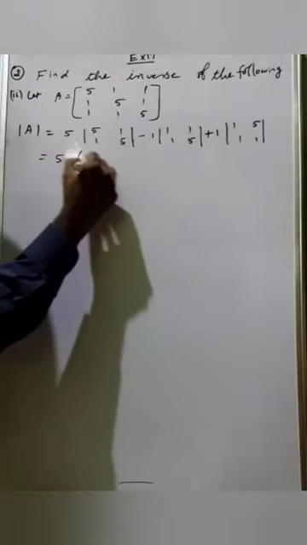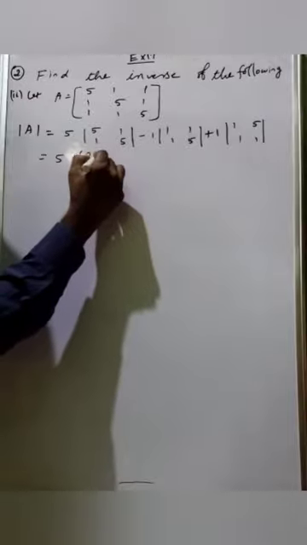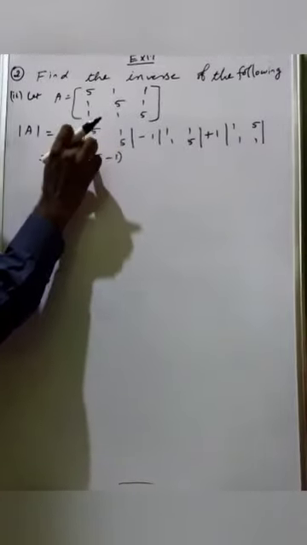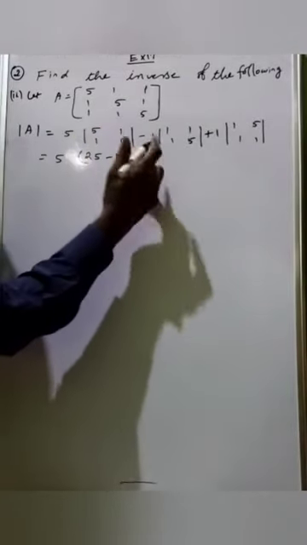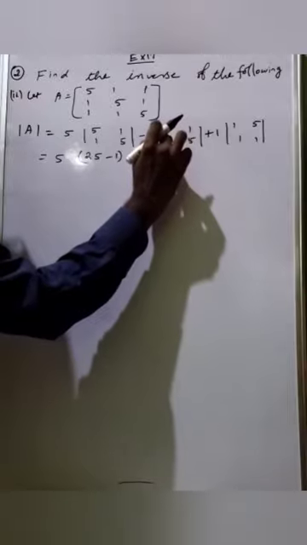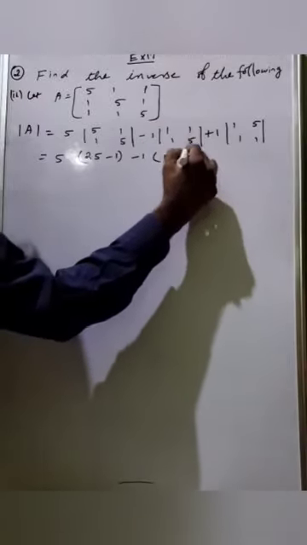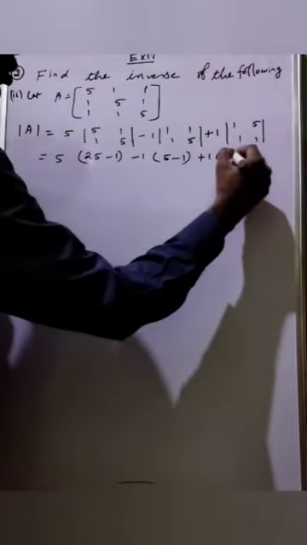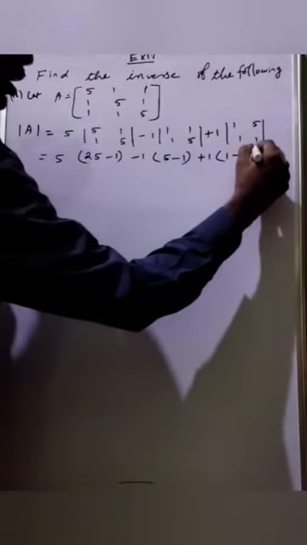Now this value we have to find. 5 into 25 minus 1. First I multiply here -1 into 1, so -1 times 5 is -5... Here it is plus, so the determinant value, you know how to find, 1 minus 5.